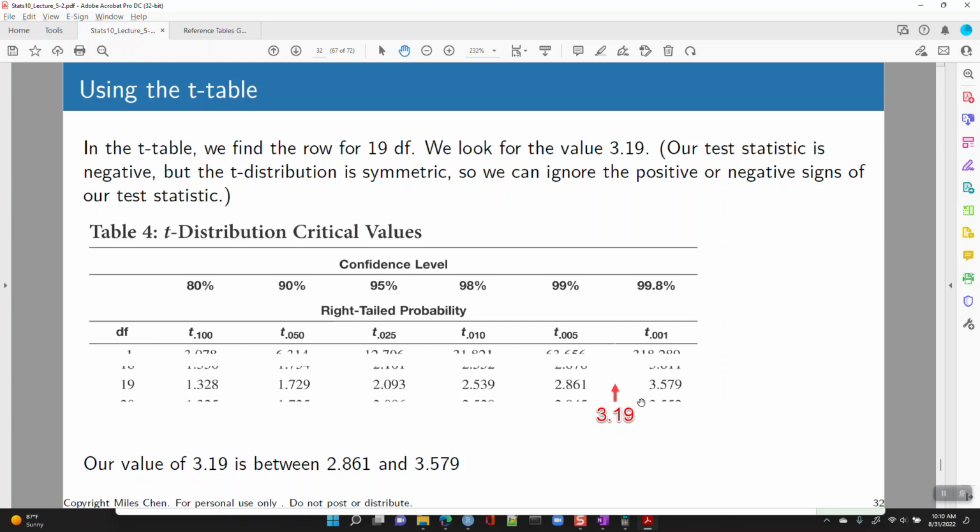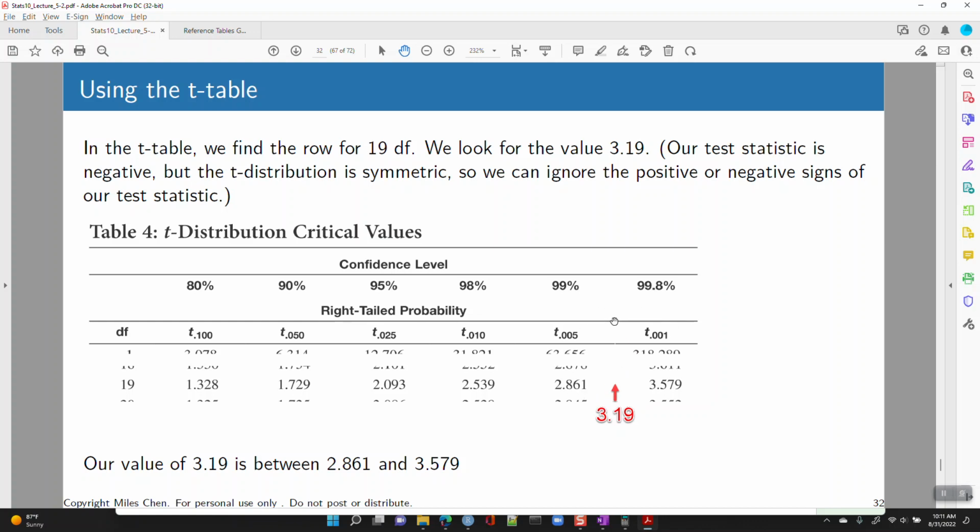My test statistic is technically negative 3.19, but it's symmetric, so I can ignore positive or negative signs. 3.19 fits in between 2.861 and 3.579.